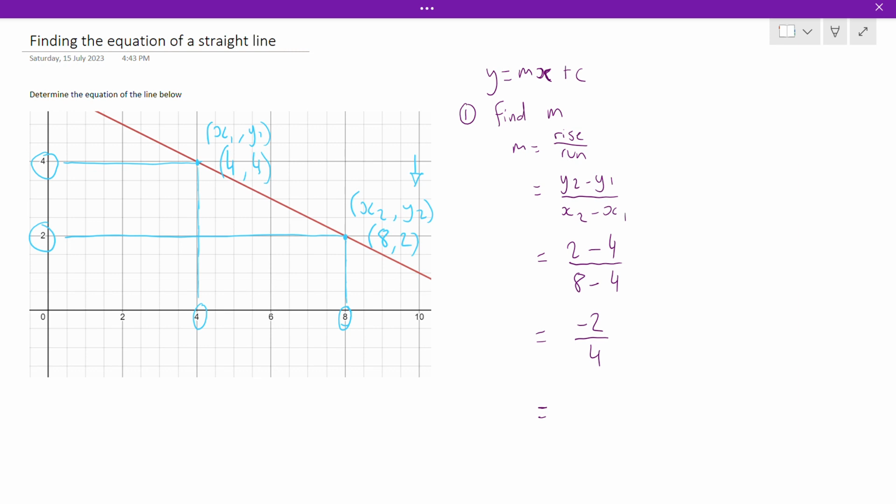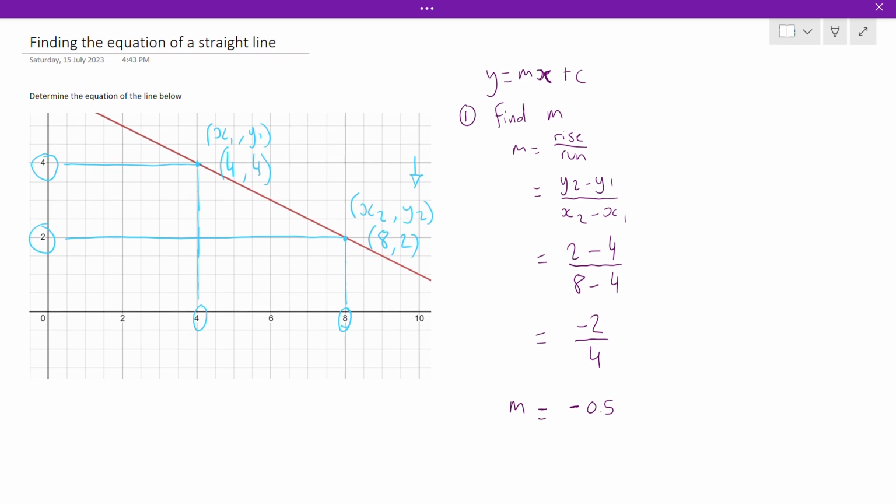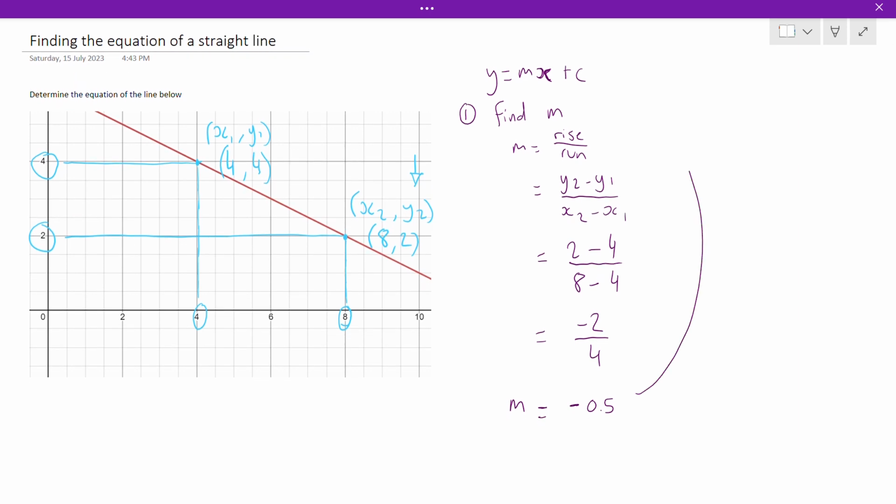Negative 2 divided by 4 is negative a half. Okay, and remember we're solving for m. So that's interesting. Now I can go back up to here and I can substitute that m in for negative 0.5, which we just found.